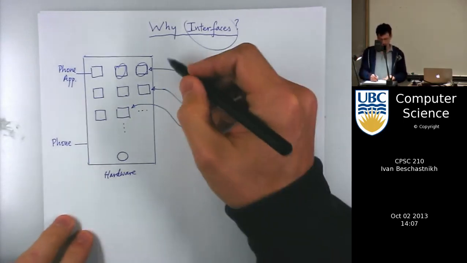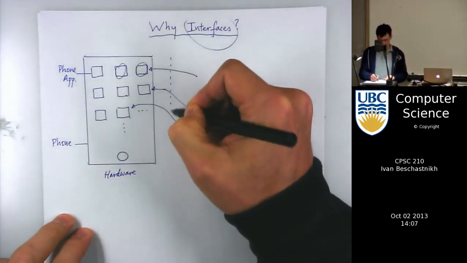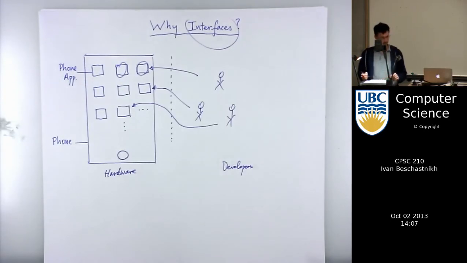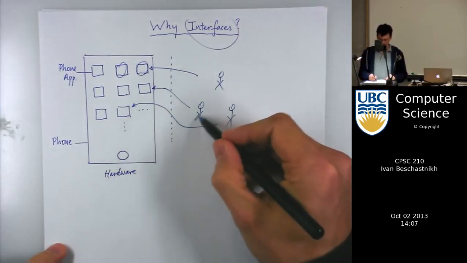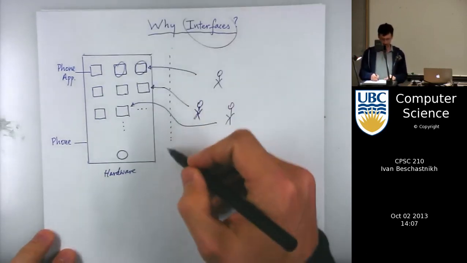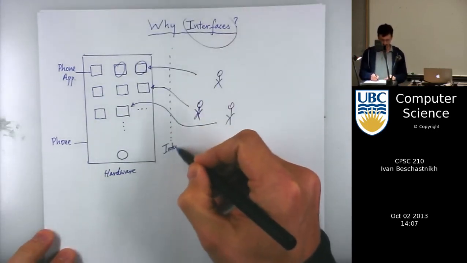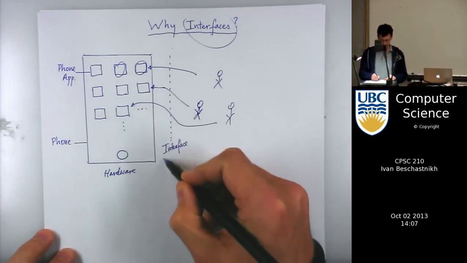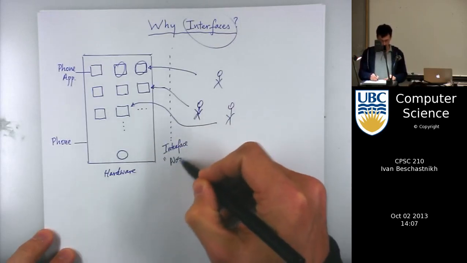Because really the way to think about it is that here there's a boundary. And this boundary is sort of a boundary of abstraction. Right? So when these developers write software for the phone, they're writing it against this abstraction, against this interface, which presents an abstract phone.